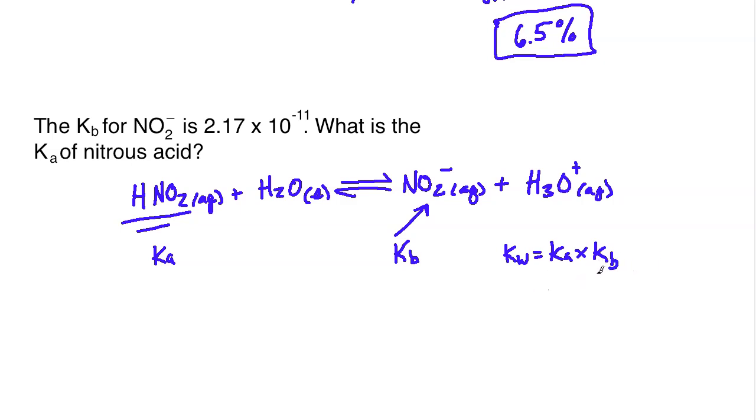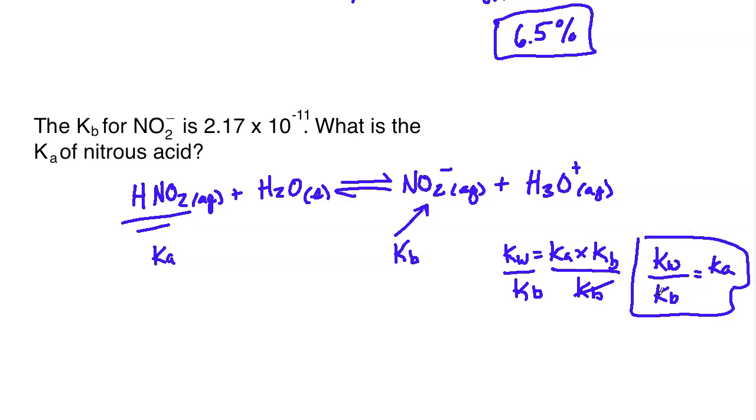Algebraically rearranging this, I can take Kb off one side and bring it over to the other, and I end up with an equation where Kw over Kb is equal to Ka. This is what I can use in order to solve this. So let's go ahead and do that.